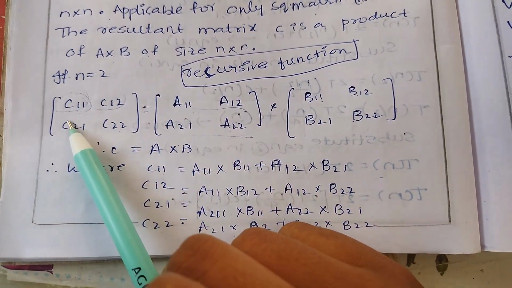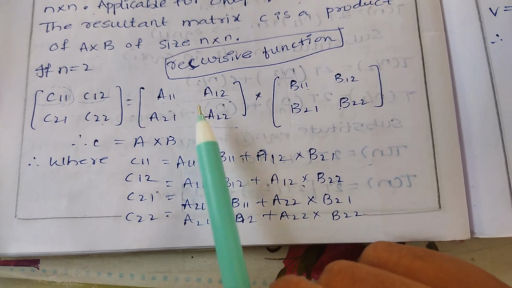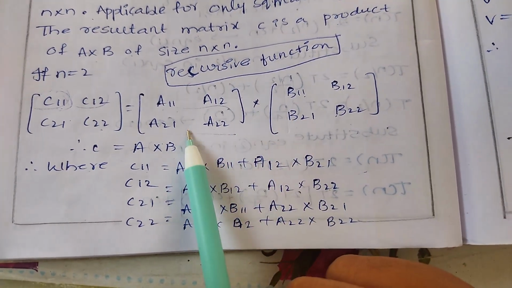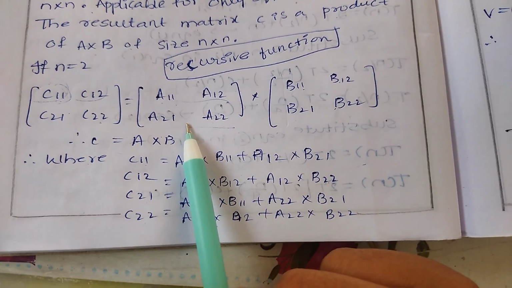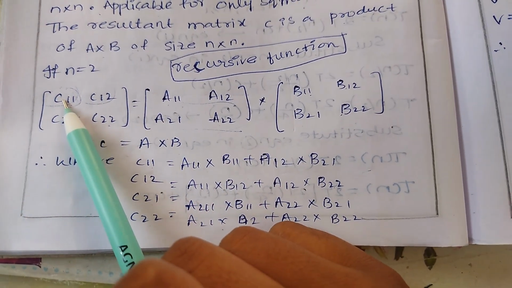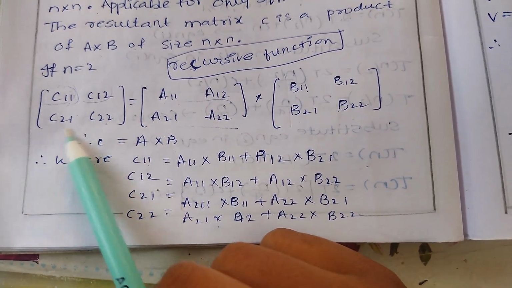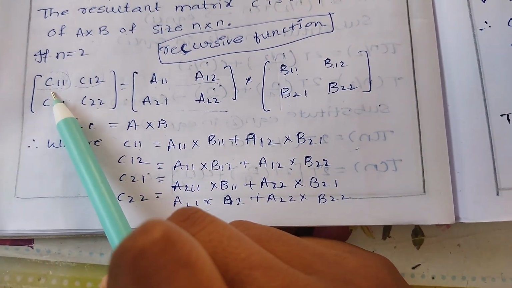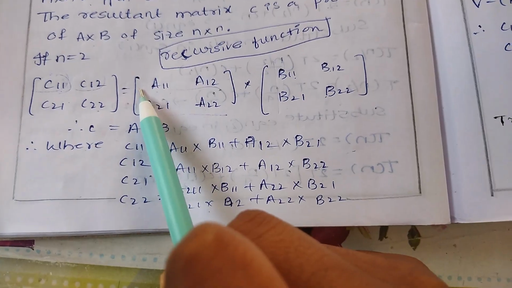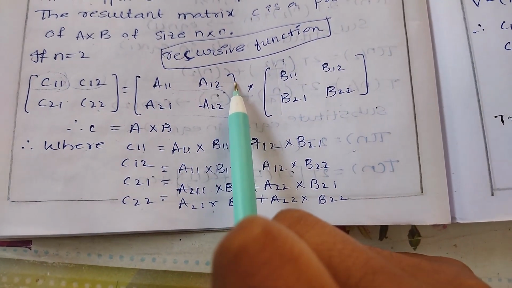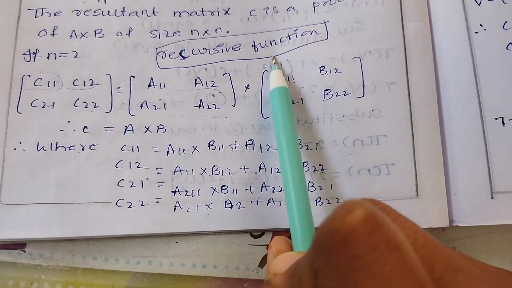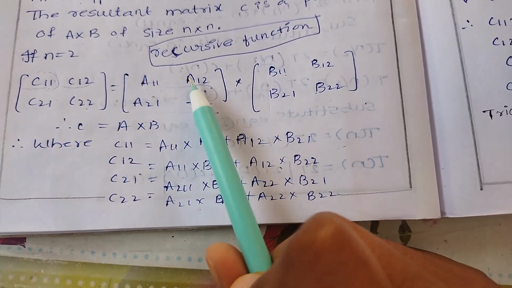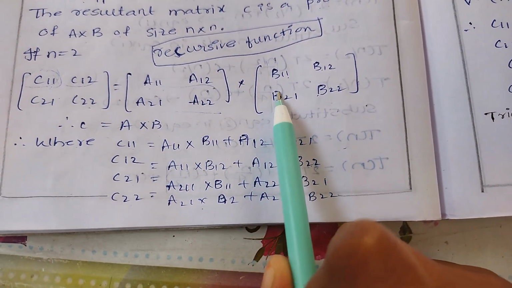If n equals 2, then the C matrix is the result of A cross B. After multiplication, the matrix is checked by using C11, C12, C21, C22 elements. C equals A cross B. Finding the C11 element, we need to multiply the first row in the first matrix with the first column in the second matrix: A11 into B11 plus A12 into B21.